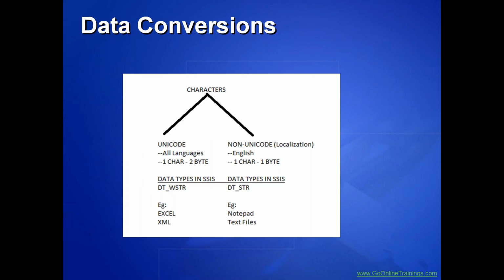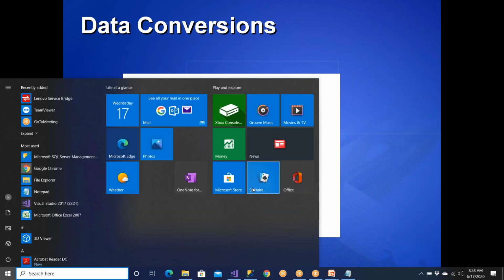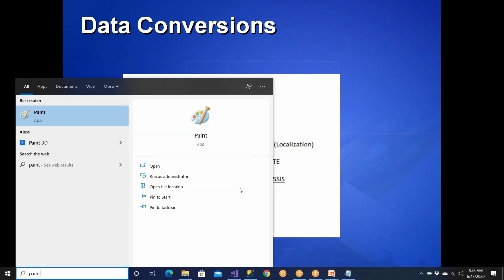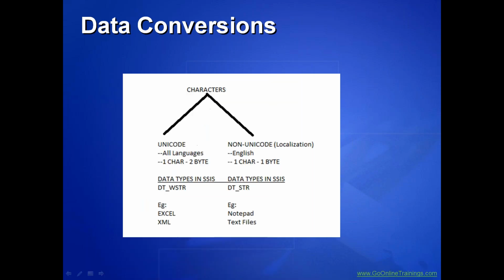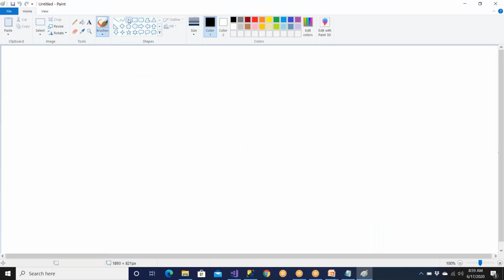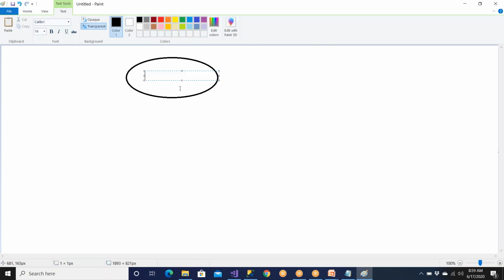Now the next one is called data conversion transformation. Clear? So basically two categories of data are available in this world. If you take characters, data is represented in characters only, right?